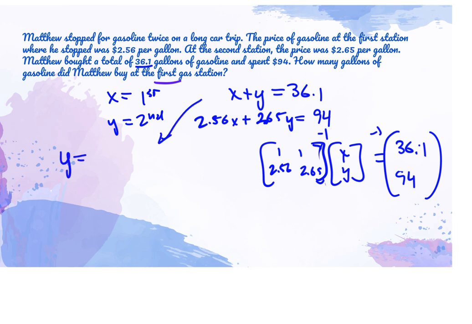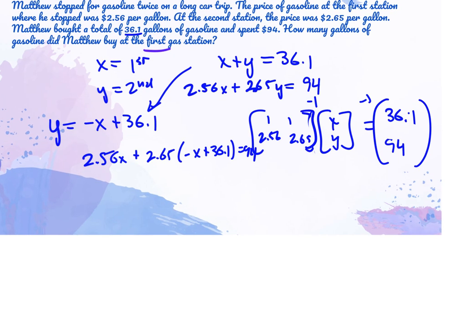So y equals negative x plus 36.1. Now substitute that in: 2.56x plus 2.65, but instead of y, negative x plus 36.1, equals 94.